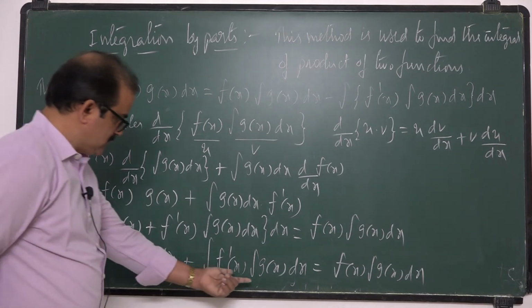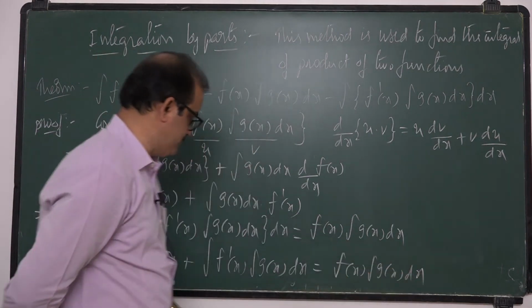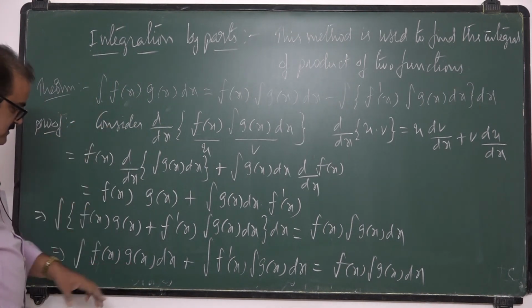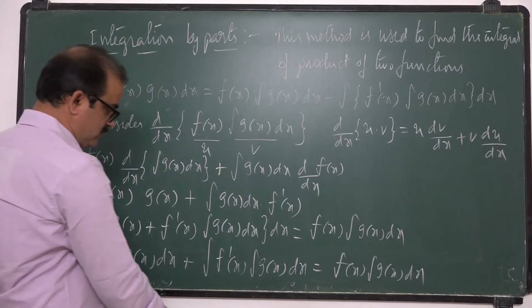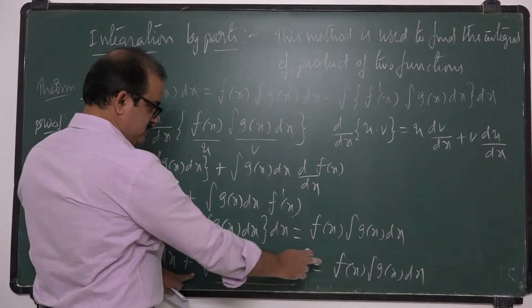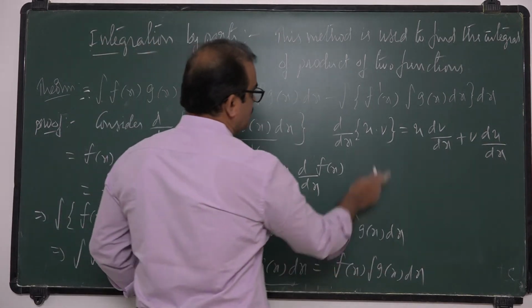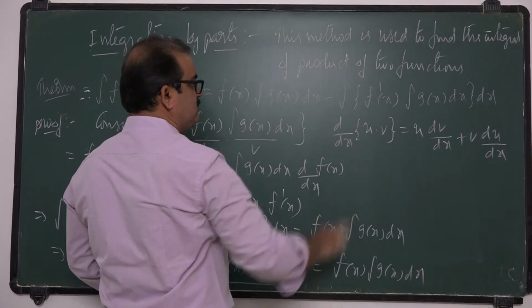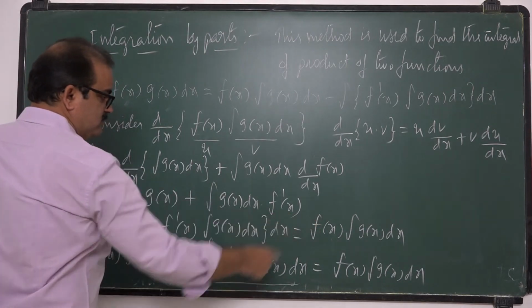Now take this second term to right hand side, then integral of f of x into g of x dx is equal to f of x into integral g of x dx minus of integral f dash x into integral g of x into dx. Take this term to right hand side.